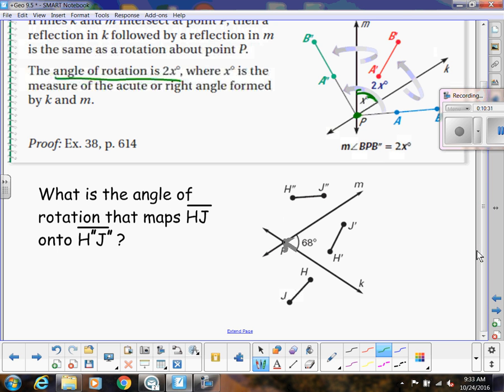I think this one is better seen and makes more sense when you have an example. So here we're going to have these 2 lines, M and K. They intersect at point P, and the angle between them is 68 degrees.